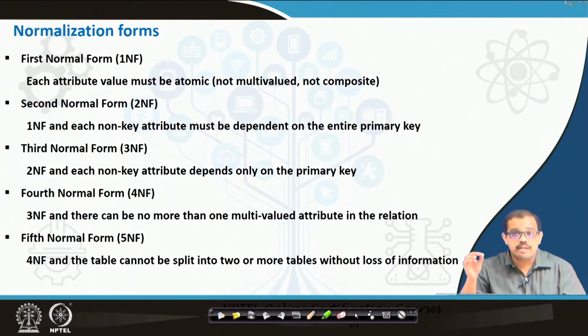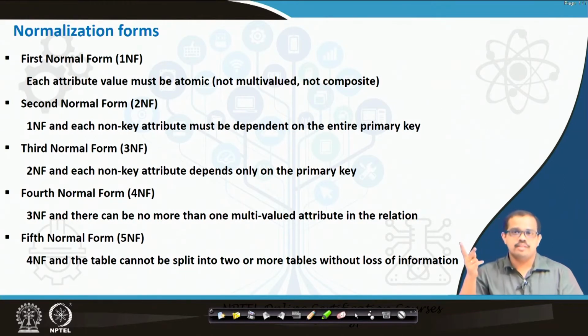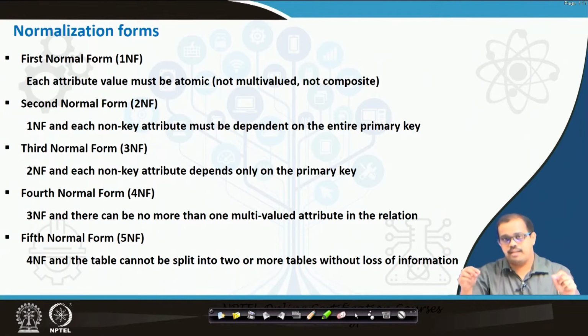When I say atomic, it should not have multi-value, which means every attribute data cannot have 2 values at an instant. And it is not composite data. And once you have attained the first normal form, you have arranged your house in a particular order, so only some of those are quite accessible, retrievable fast. But if you want to improve that, the next step is the second normal form.